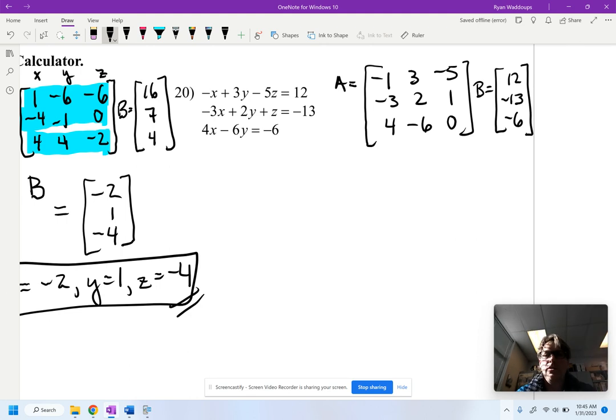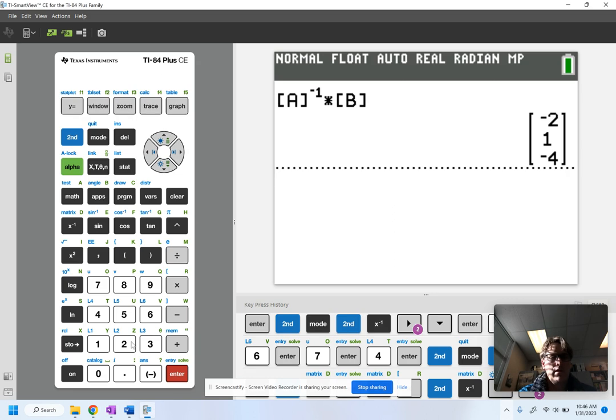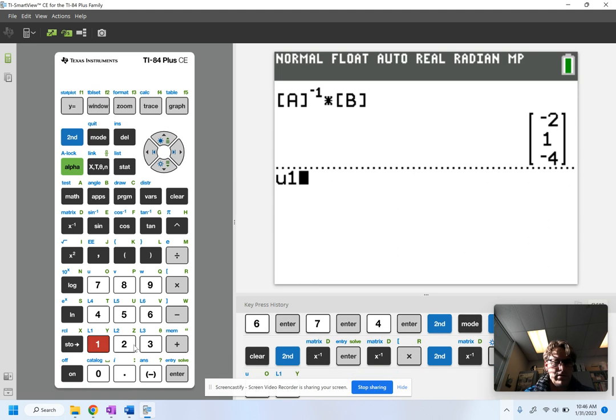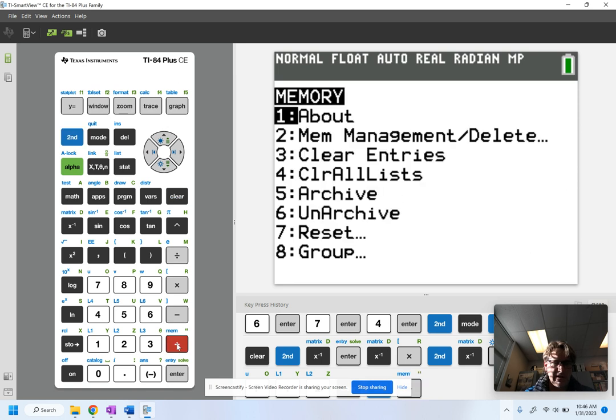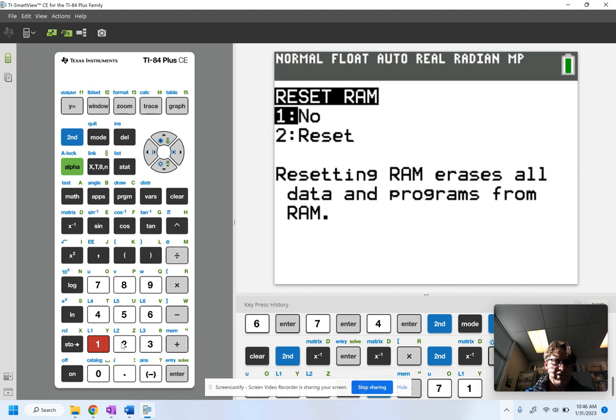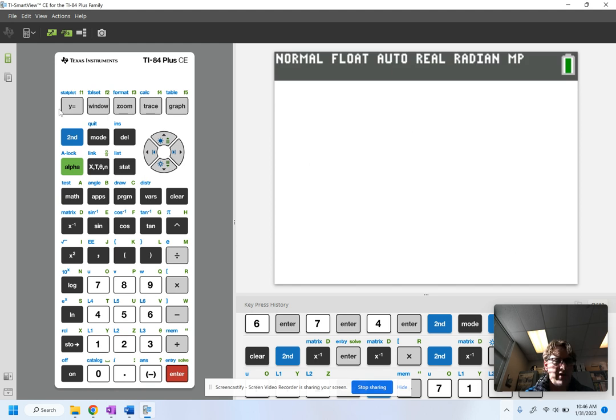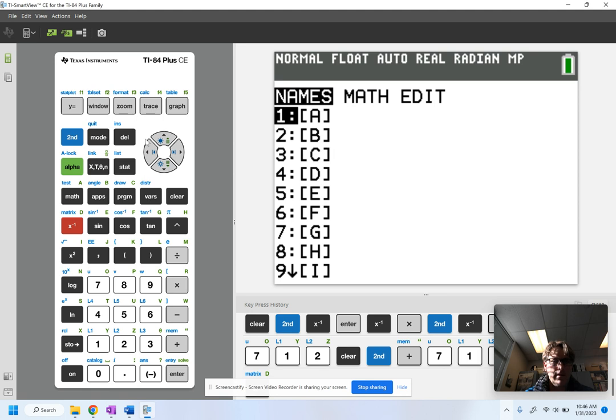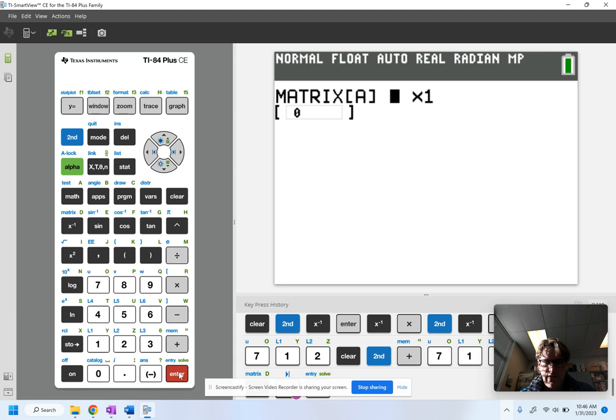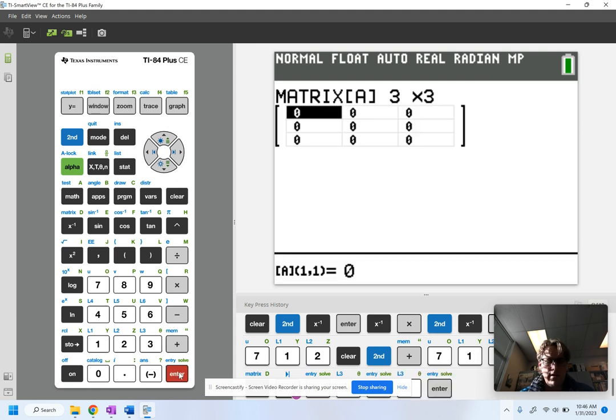I'm going to clear this again. Oops. Forgot the shift. Shift second plus 7, 1, 2. Clear that memory. So now I have to do that same thing again. Matrix, over, edit A, 3 by 3.